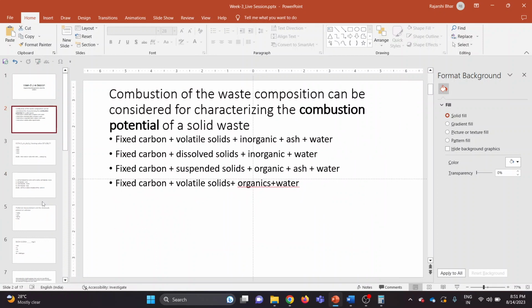First question: what composition can be considered for characterizing the combustion potential of a waste? Basically, which type of composition should we look at when trying to understand the combustion characteristics of a solid waste? The correct answer was fixed carbon, volatile solids, inorganic ash and water.